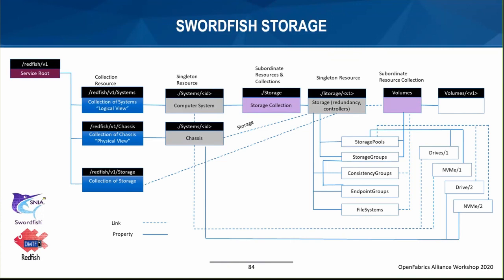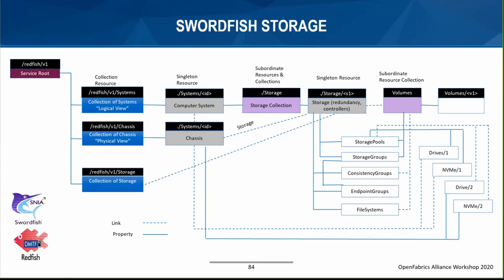And we can see that there are complex storage constructs like storage pools, storage groups, consistency groups, endpoints, etc. defined here. And we can also see that there are so many lines crisscrossing multiple blocks here, which shows how these complex storage constructs are built. For example, the storage pools are built from multiple drives here.